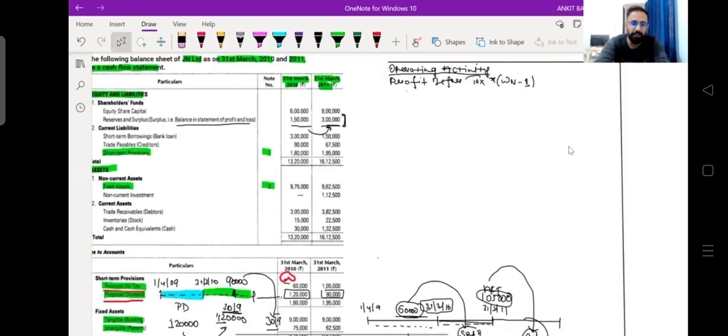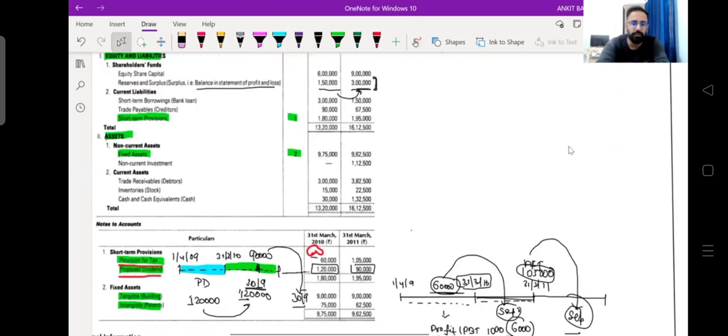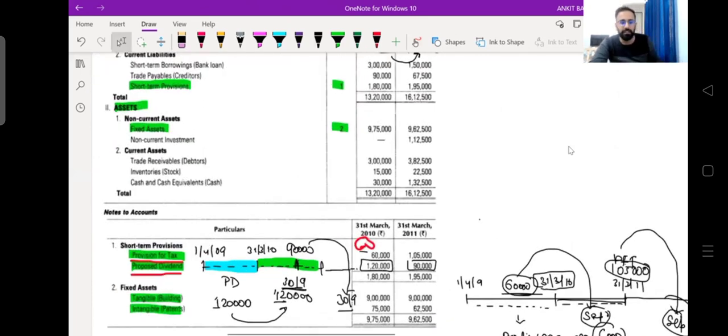Now dividend information is given. The company has proposed a dividend of 90,000 in the current year. So the company has adjusted this amount from profit. We have to find profit before tax, but we have the balance of profit after tax after dividend. So to find profit before tax, we have to add back the dividend which we reduced previously.